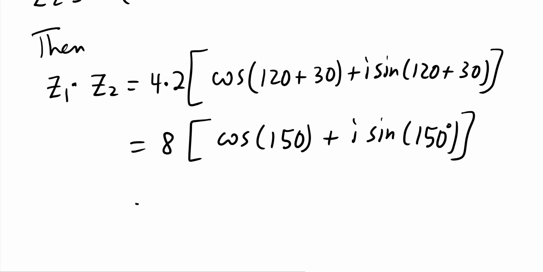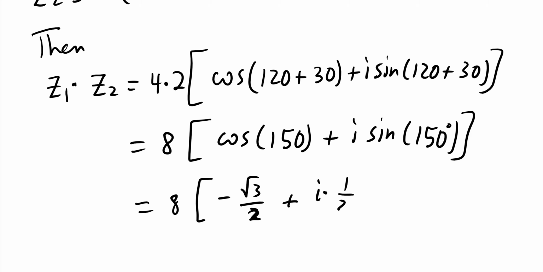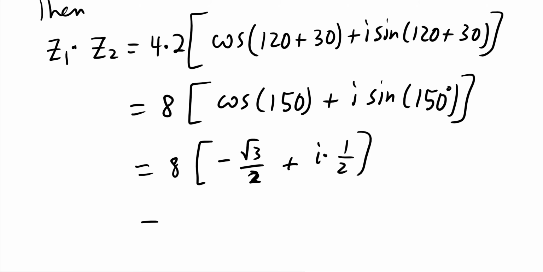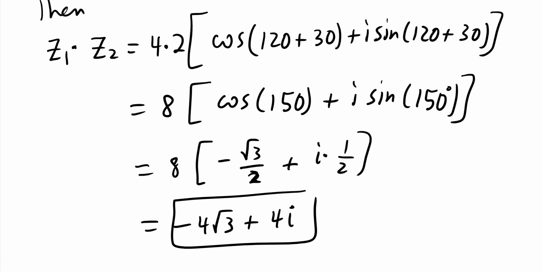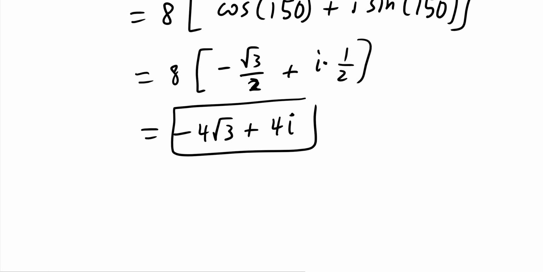And what does that give us? Cosine 150 is negative square root of 3 over 2, plus i times sine 150 is 1/2. If you distribute the 8 in, you get negative 4 square root of 3 plus 4i. That's what we get for z1 times z2.